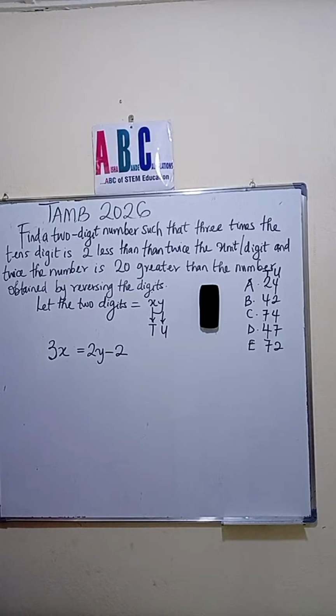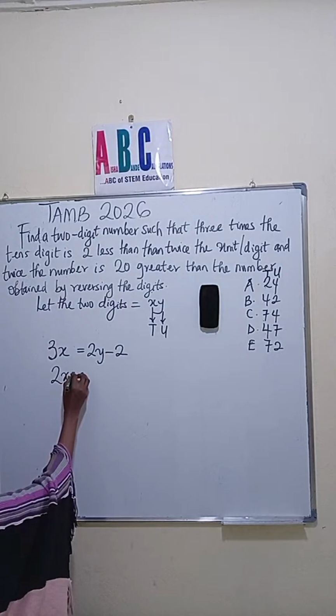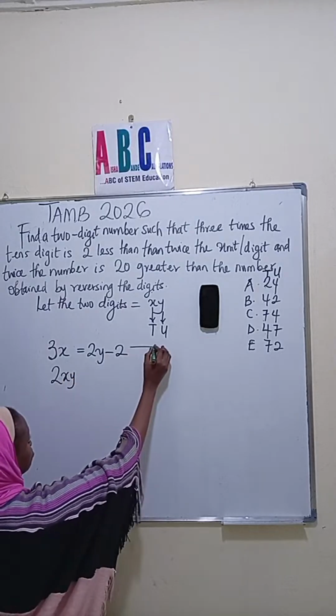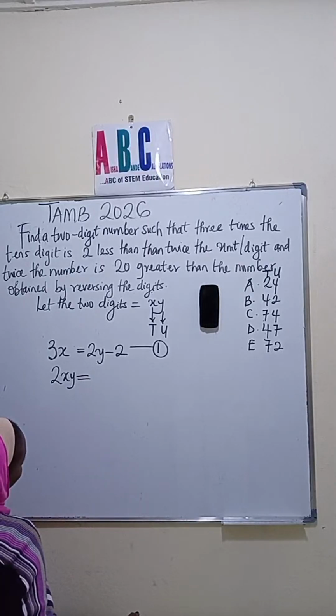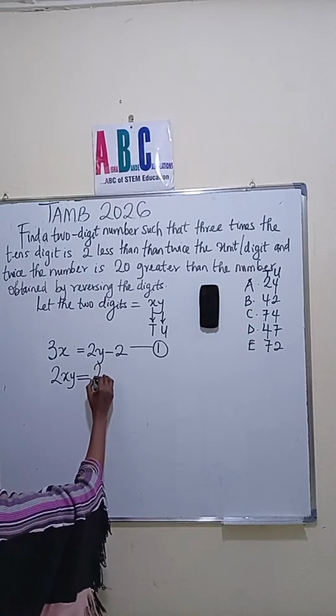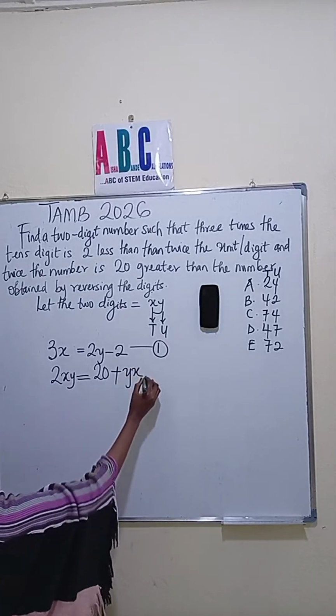Twice the units or digits. Twice the number is 20 greater than the number obtained by reversing the digits. Twice the number xy.